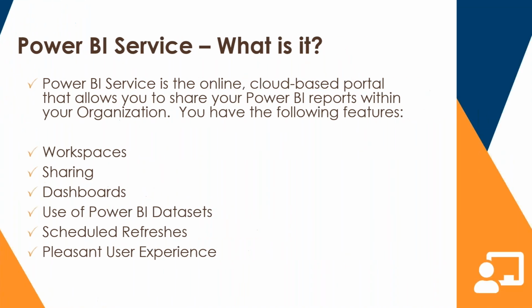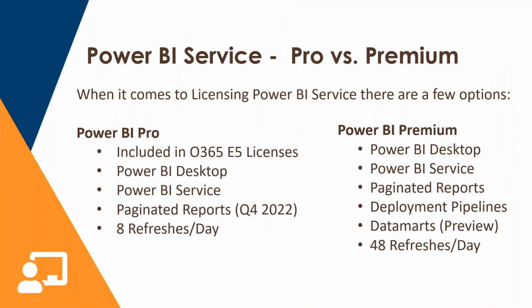And it kind of leads into the next thing, which are Power BI service licenses. With Power BI service, there are a few different licensing types depending on your business, but the two that are the most common are Power BI Pro and Power BI Premium. Power BI Pro is included in Office 365 E5 licenses.